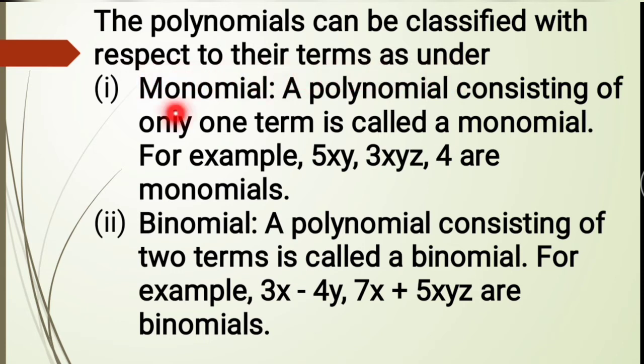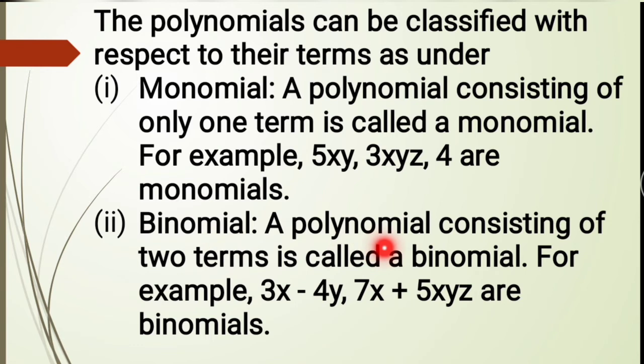Number 1, monomial. A polynomial consisting of only one term is called a monomial. For example, 5xy, 3xyz, 4 are monomials.